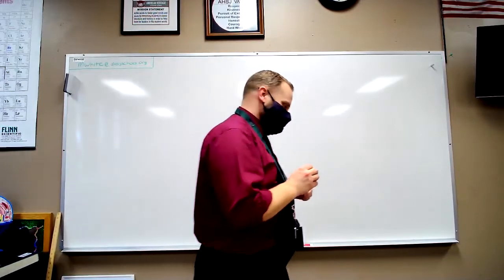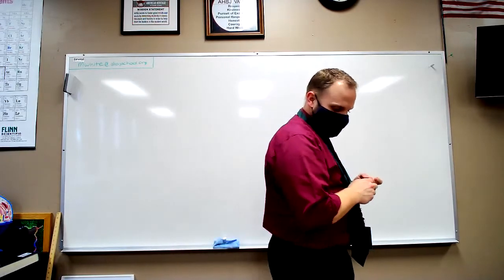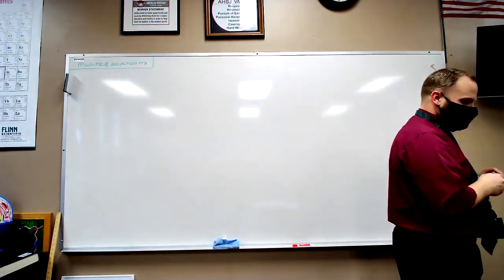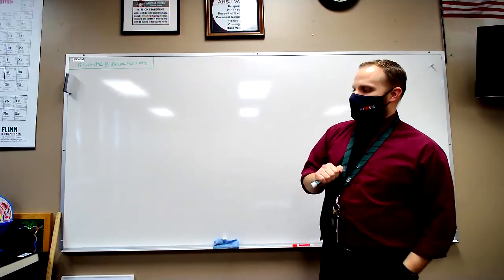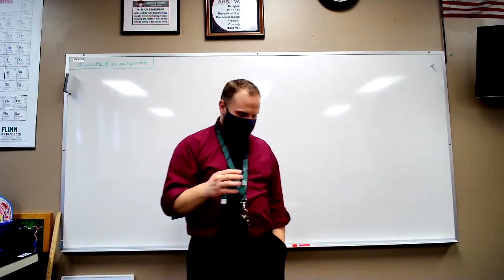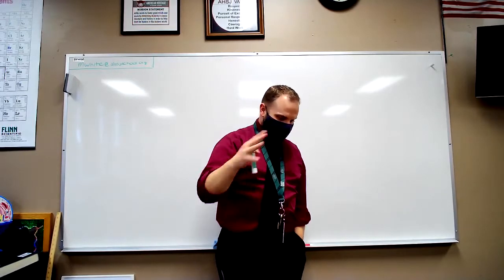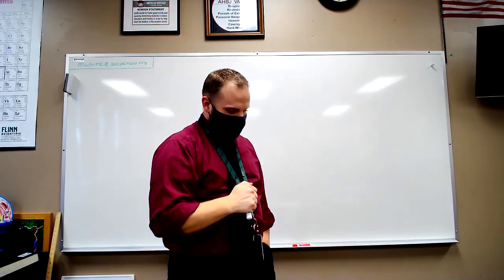These are things that you could just plug into Google. What is the equilibrium constant of this reaction? And it will say, okay, under these conditions, the K value is this.